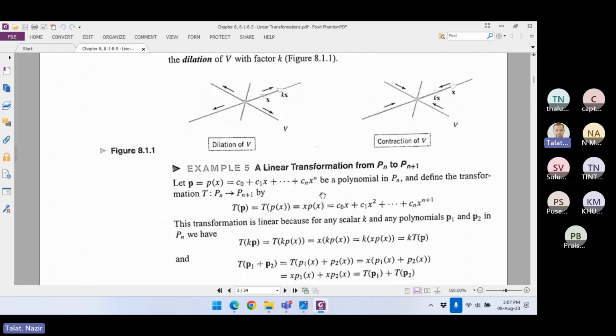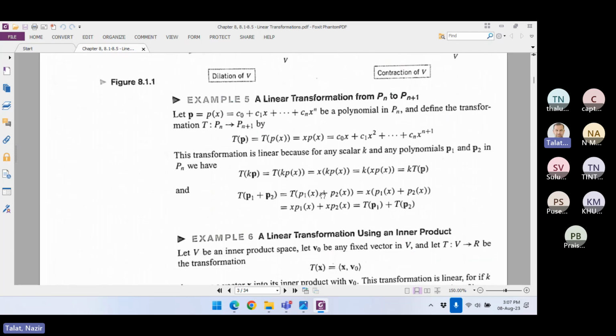Now let's move toward another example of a linear transformation. For example, if T is a transformation from Pn to Pn plus 1, like all polynomials of degree n to all polynomials of degree n plus 1. If you put T of P is equal to x times P, like x multiplied with each of its entries, then one can see that it satisfies T of kP is equal to k times TP.